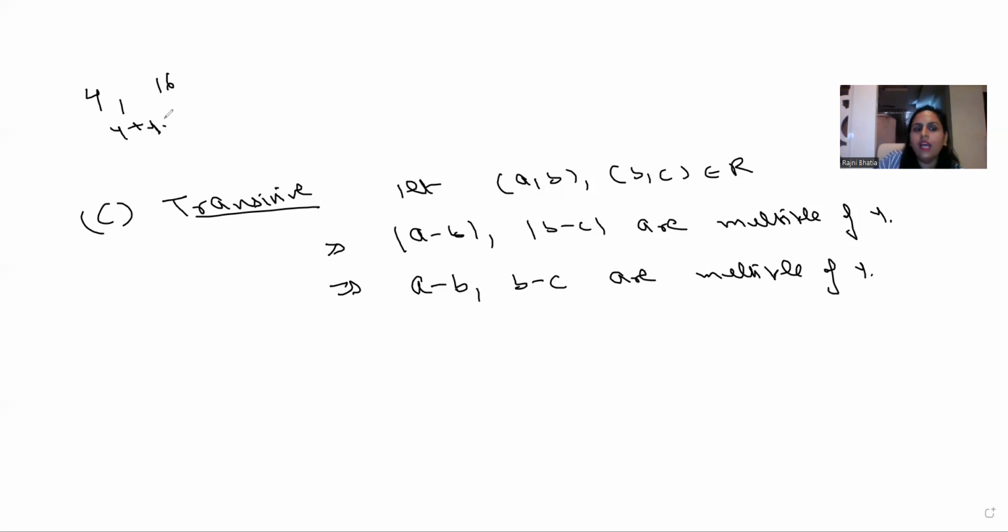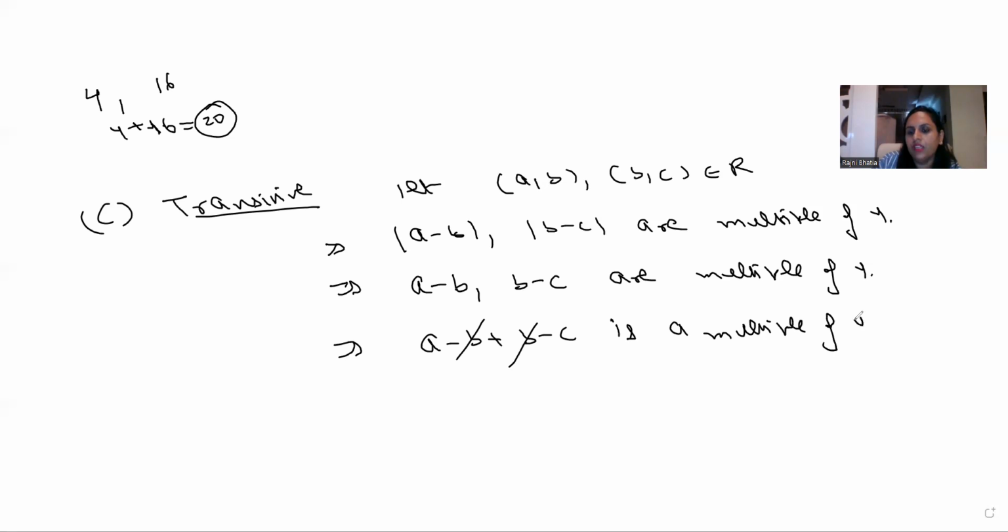Suppose 4 is a multiple of 4 and 16 is a multiple of 4. If I add both, I'm going to get 20, and 20 is a multiple of 4. So if I add both the numbers a minus b and b minus c, this will also be a multiple of 4. b will get cancelled and I'll get a minus c is a multiple of 4.